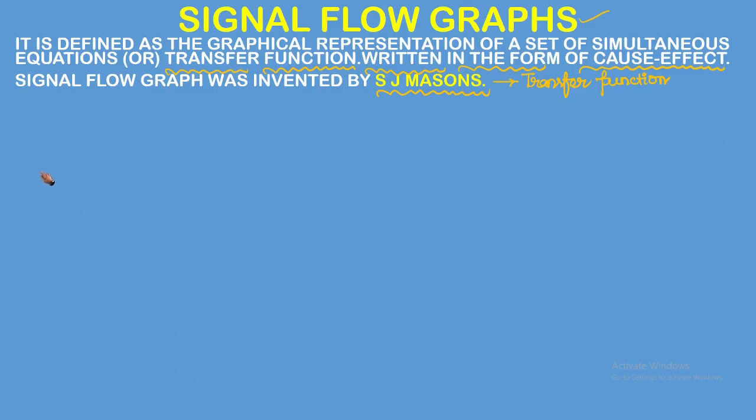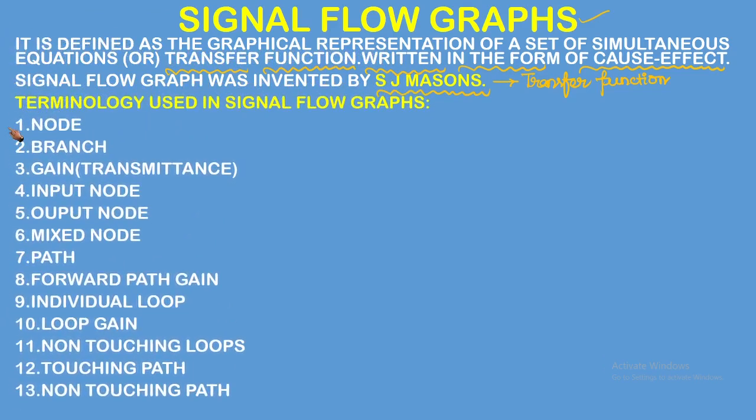So let us see what are the important terminologies we are going to use for the drawing of the signal flow graph. There are 13 important terminologies which we use.